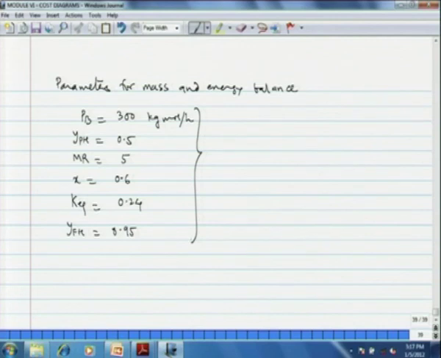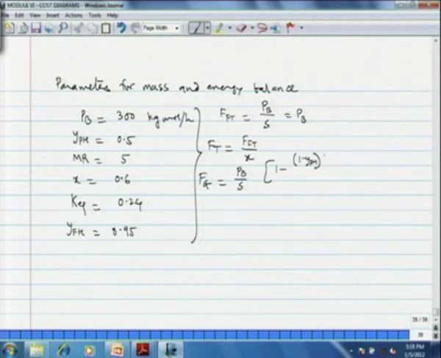I will give for your convenience the formulae. Okay. FFT, the feed rate of fresh toluene, is Pb by S, but since S is 1, it is equal to Pb. Okay. Then total feed rate of toluene Ft is FFT by X. Then fresh gas is Pb by S into 1 minus YPH into 1 minus S by 2, okay, divided by YFH minus YPH.